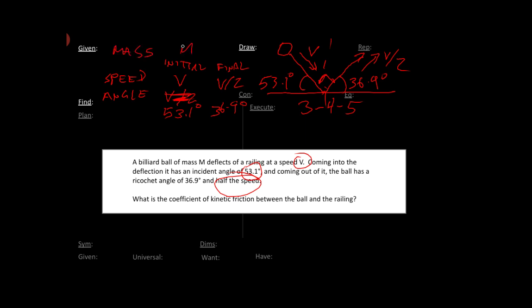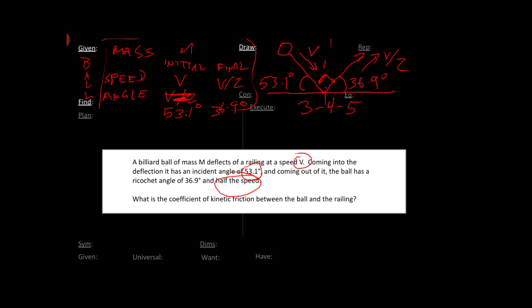Got a mass M, and these are all for the ball. I should have written that first. What do we know about the railing? We don't need to know anything about the railing. Like I said, we don't need to know about the interaction time or any specific constants of the interaction, which would include an effective spring constant or a Young's modulus for the rubber, and some other stuff for the felt.